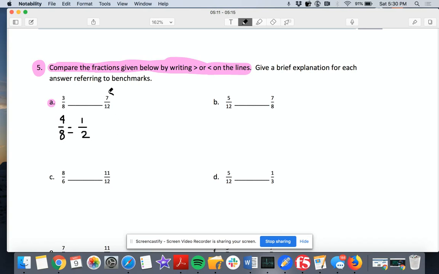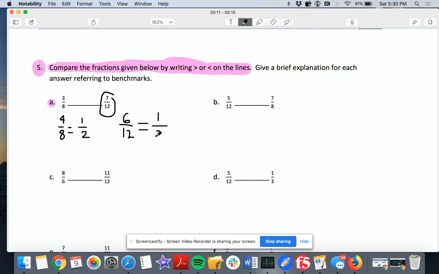And looking at the 7/12, I know that 7/12 is close to 6/12. And that 6/12 is equal to 1/2, right? So they're both kind of equal or close to this 1/2.